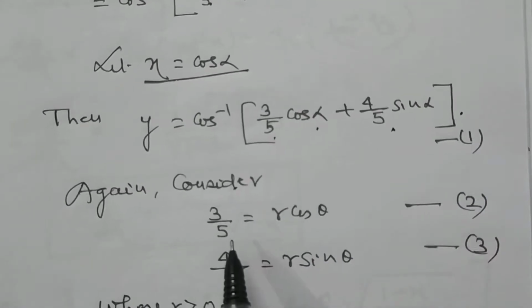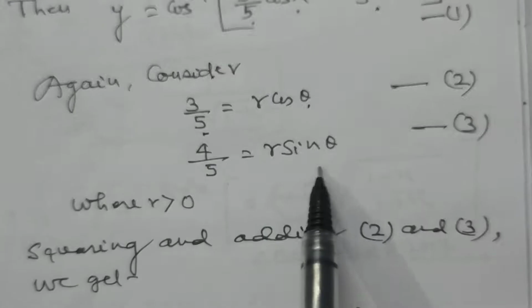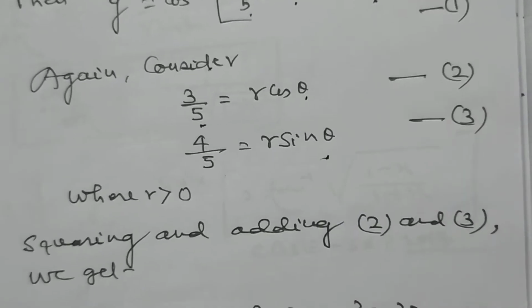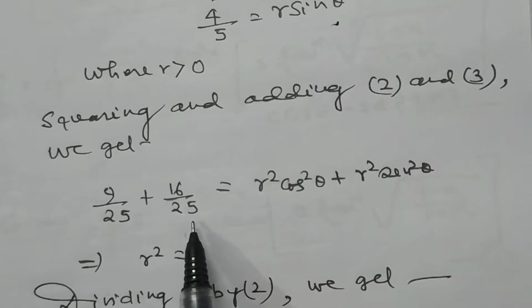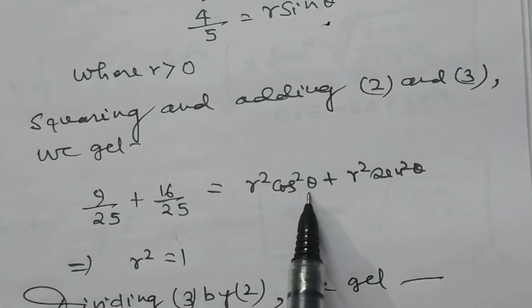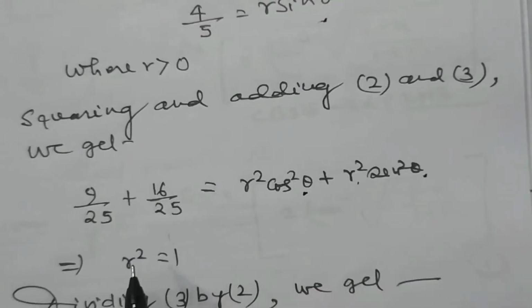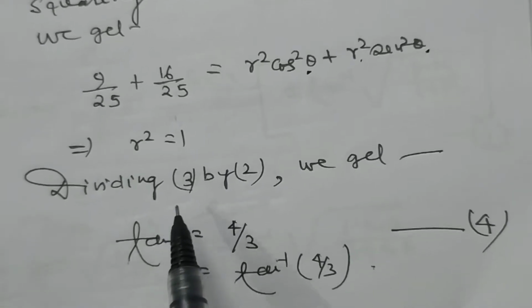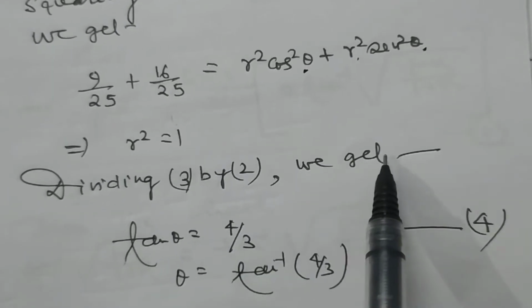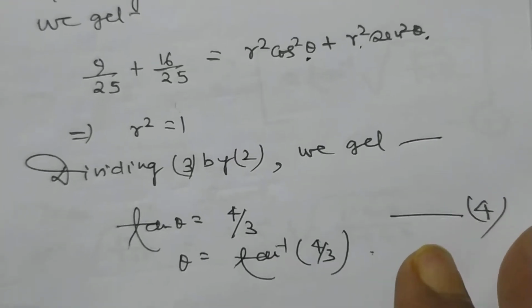Now consider 3 by 5 equal to r cos theta and 4 by 5 equal to r sin theta. After simplifying, 9 by 25 plus 16 by 25 is equal to r square cos square theta plus r square sin square theta. It gives us r square equal to 1, and dividing, we get tan theta equal to 4 by 3, so theta is equal to tan inverse 4 by 3.